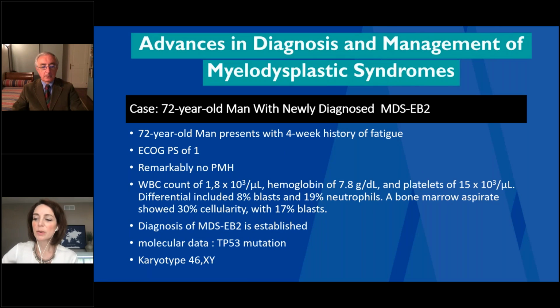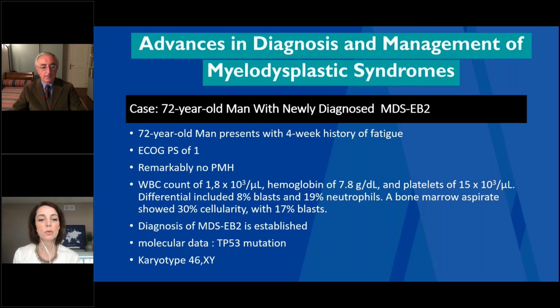So in order to answer this question, we'll first have the case presentation. This is a 72-year-old man with newly diagnosed MDS with excess blast 2. He presented with a 4-week history of fatigue, has an ECOG performance status of 1, remarkably has no past medical history at his age.